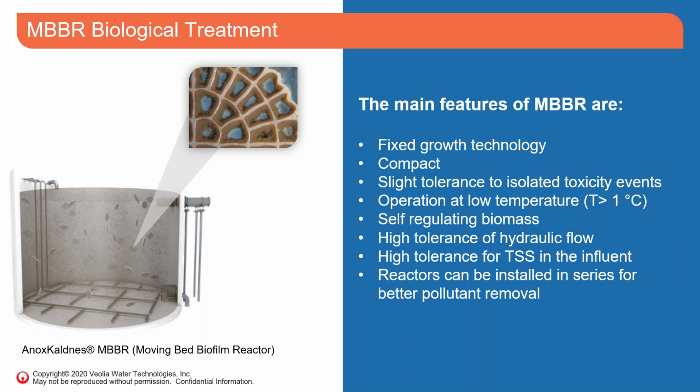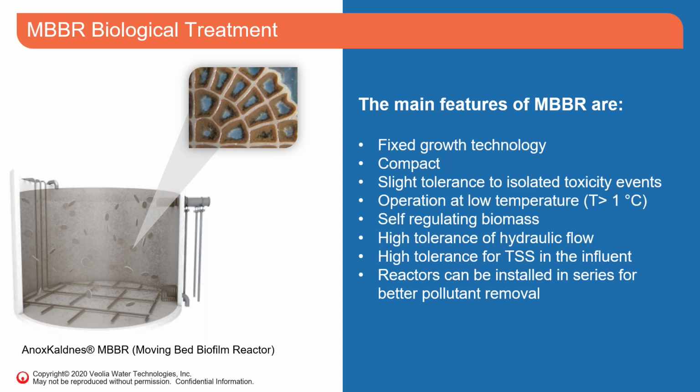It's self-regulated because the carriers where the biomass is growing are either mixed with a mechanical mixer or with aeration. The carriers grind against each other and self-regulate the biomass. That biomass will slough off and go out of the system, and you don't need to do any maintenance on it.